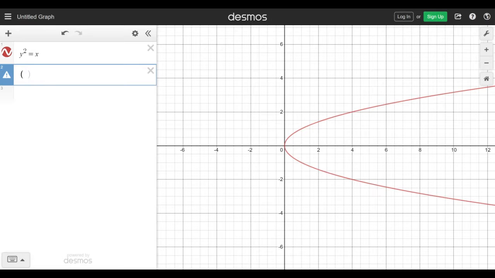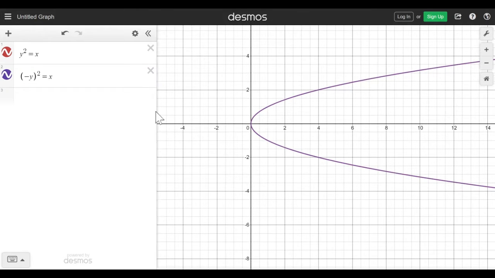According to the rule, the graph of an equation is symmetric with respect to the x-axis if the replacement of y with negative y results in an equivalent equation. So let's try that. Replacing y with negative y. So the red turns to purple parabola, so it means they are just equivalent equation. So that's exactly the second rule of symmetry.